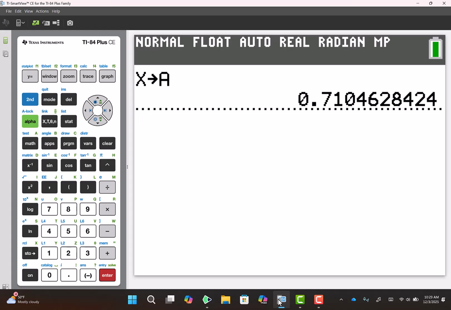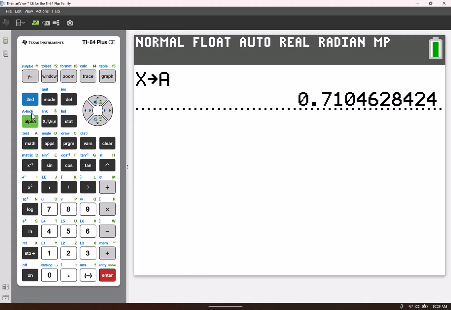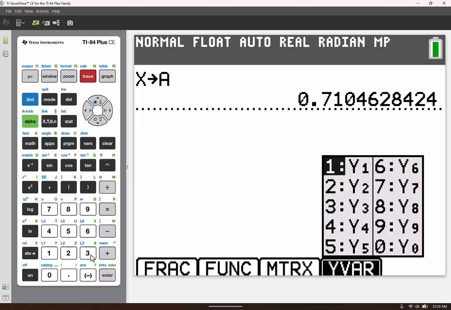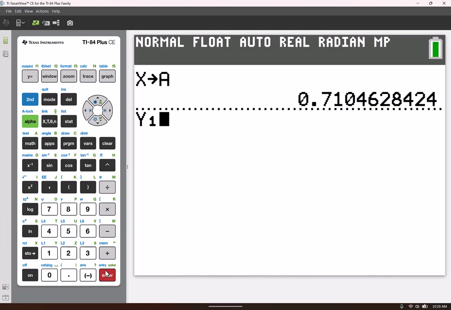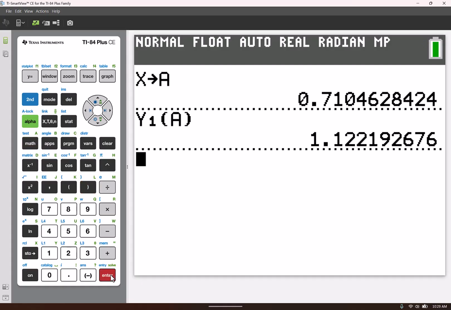Don't you already have the expression for area in Y1? Just call Y1 in the home screen. Go alpha trace, Y1. And don't you already have the X value stored in your calculator as A? Open parenthesis and put A. And now when you push enter, voila, that's the max area.